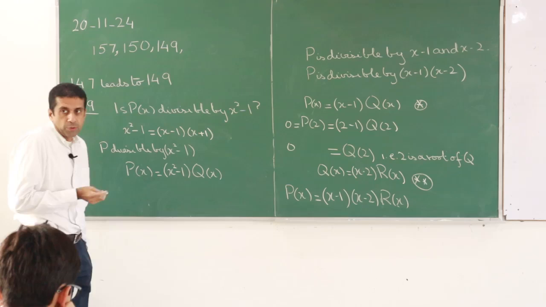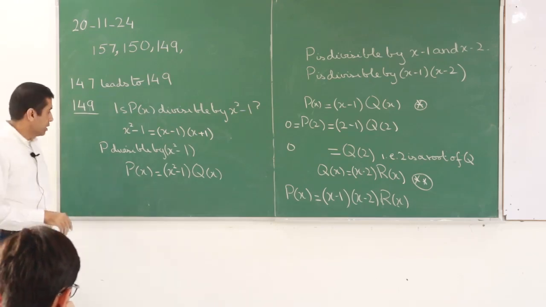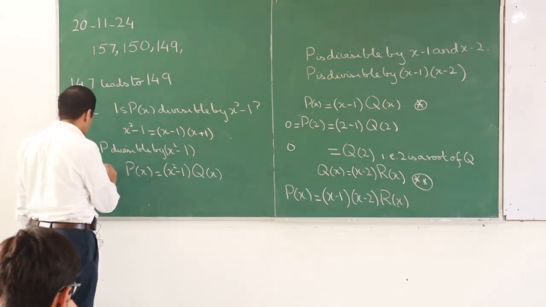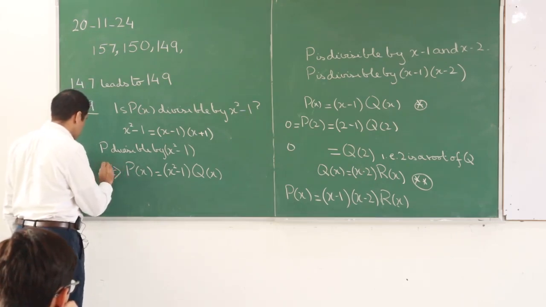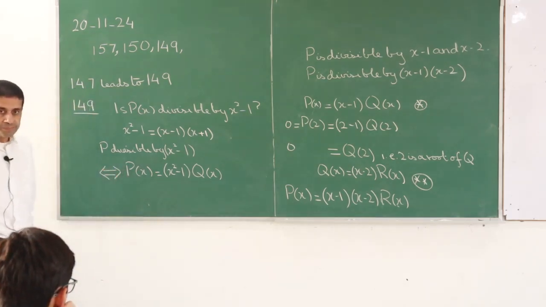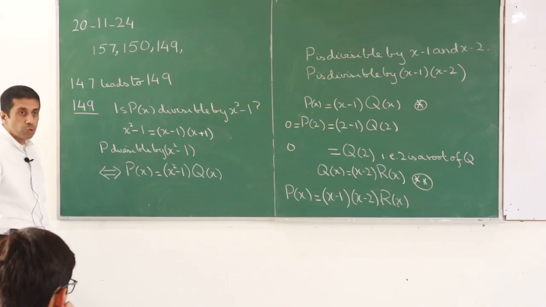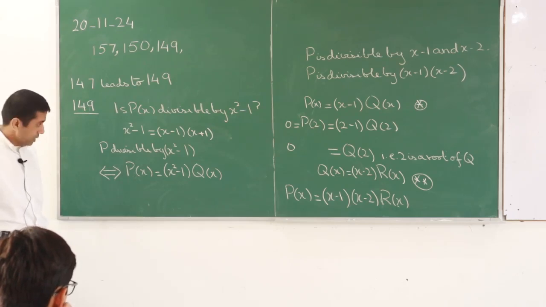Agreed? That's what it means. Do you understand? Divisibility means there is no remainder, right? If something is divisible by something, that means there is no remainder. So that's what it means, right?